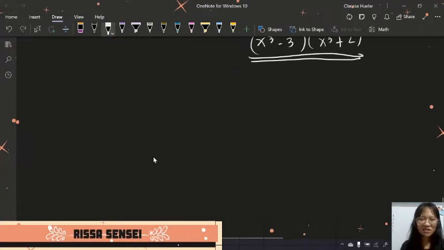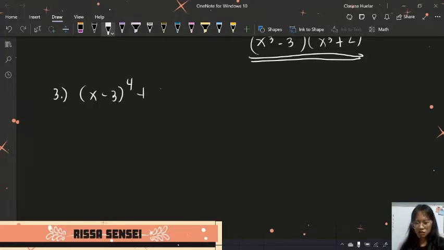Okay, and number 3, ito, same lang din ng process with 1 and 2. So, it's x minus 3 to the 4th plus 2 times x minus 3 squared minus 8. Okay, so, ang gagawin ko na lang, ganun pa rin, let u be equal to x minus 3 squared.